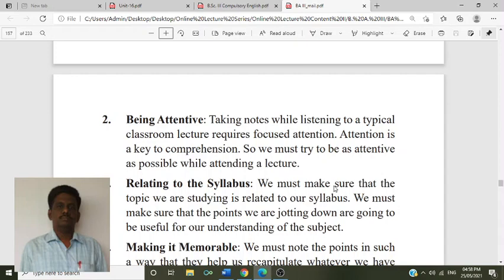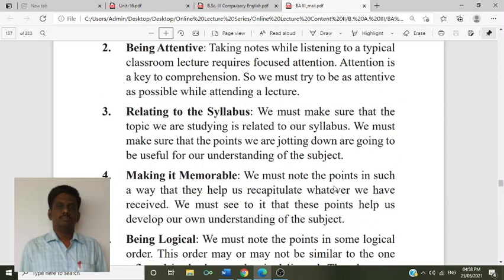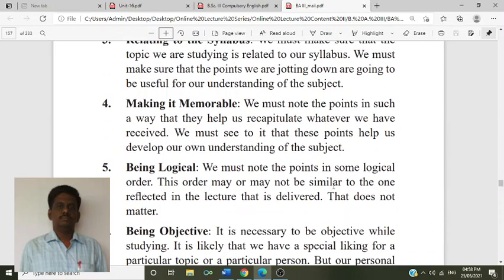Then relating to the syllabus: we should relate the speaker's speech to the syllabus prescribed to us, and jot down the important or significant points in connection to the syllabus. Then making it memorable: we should make the notes memorable, so that afterwards when we read them we can interpret their actual meaning.